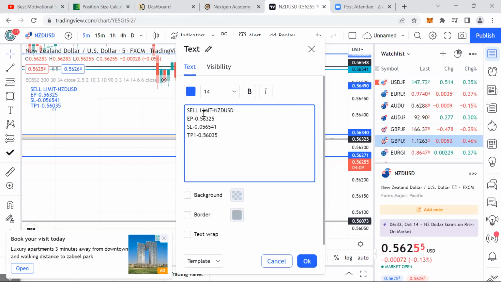Take profit 2, which is 50 pips, that will be 0.558325. So that's take profit 2.